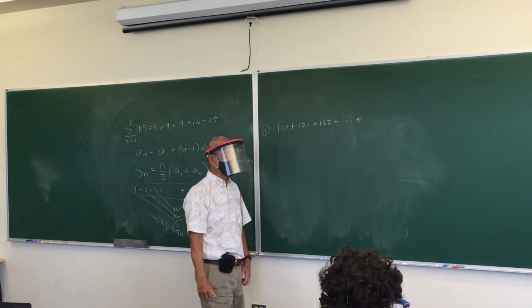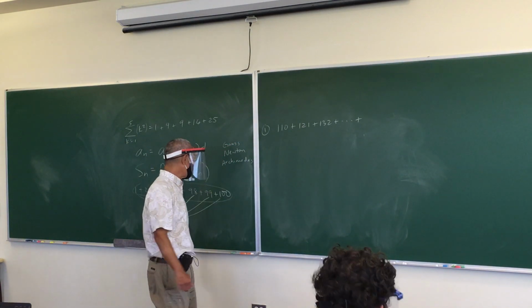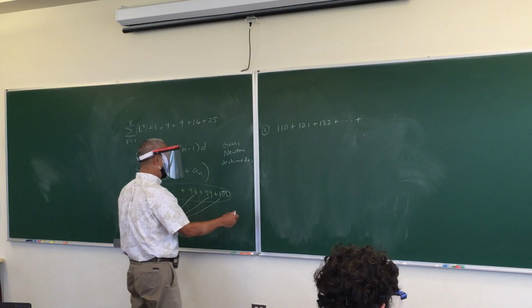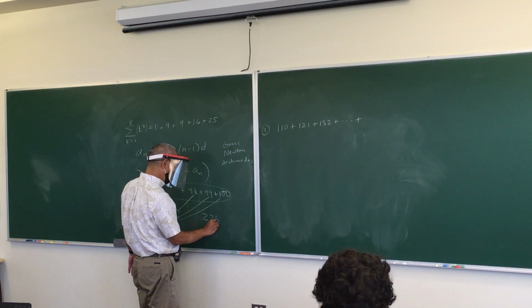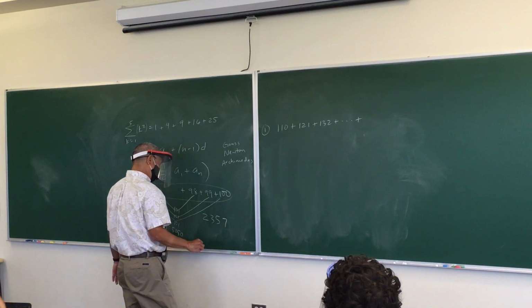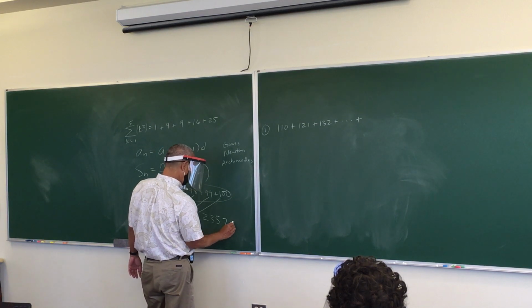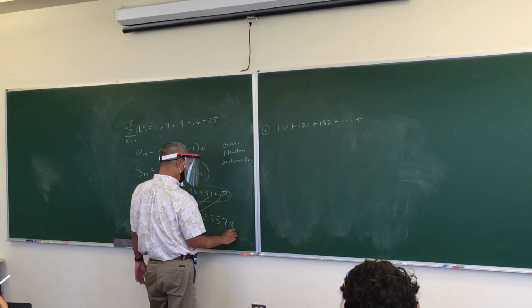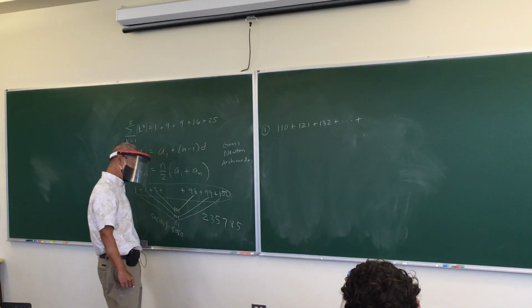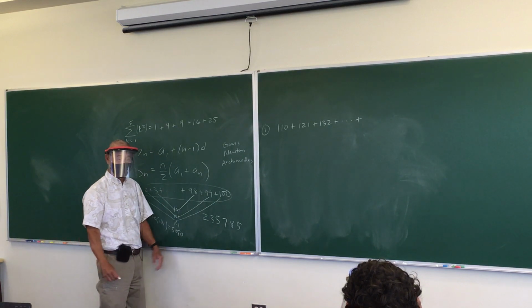You know there's a test for divisibility by 11? For example, take the number 2, 3, 5, 7, give me a number, 8, 1, 5, and 5. Is this number divisible by 11? How do you tell, without actually dividing it by 11?